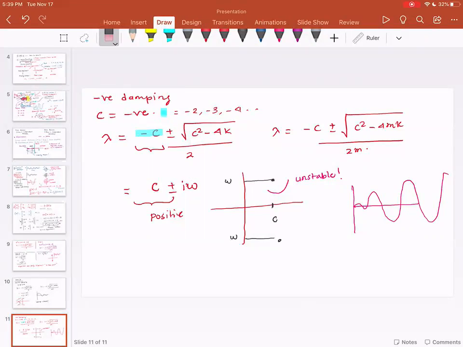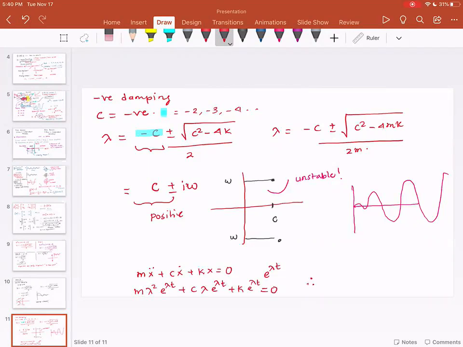I just want to tell you that I derived the exact same equation for the second order form, which means if you recollect the earlier lecture, instead of converting the system into the first order form, I directly went ahead and made the substitution e to the lambda t, and this equation became m lambda square e to the lambda t plus c lambda e to the lambda t plus k e to the lambda t is equal to 0.